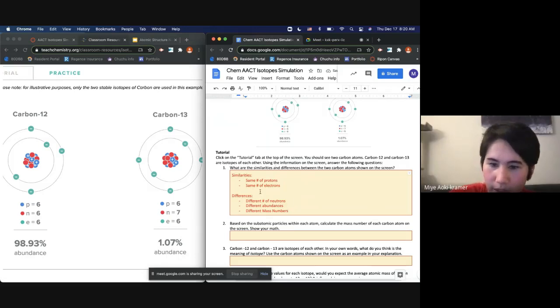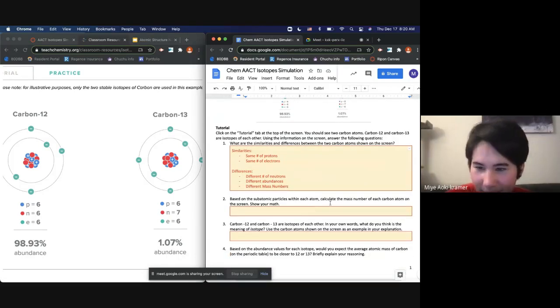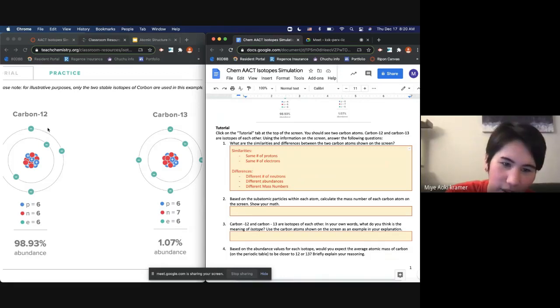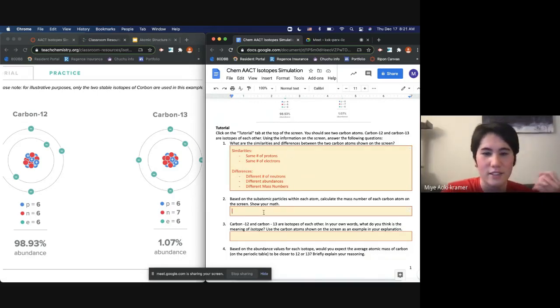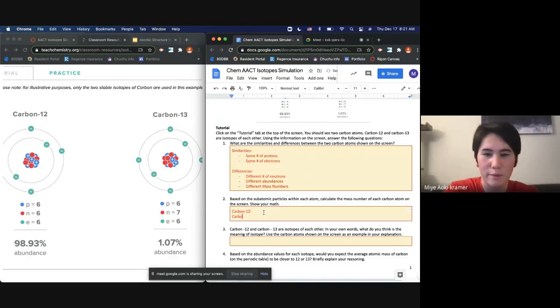So then we're going to calculate the mass number based on the particles in each atom. What we need to do is figure out what the mass number of this one is based on the subatomic particles, and what the mass number of this one is. So we'll do carbon 12, and then we'll show our math, and we'll do carbon 13, and then we'll show our math here.